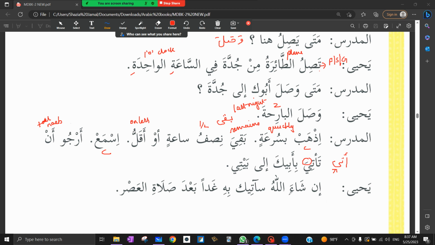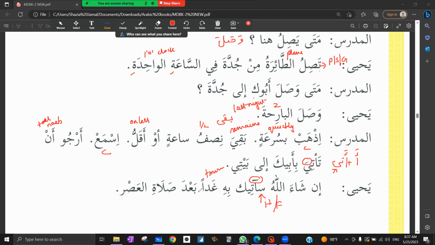Yahya says, Insha'Allah. Sa, this is a harf mustaqbal for the future. Harf for future. Sa'ati. Why is there a big mud here? Because of the hamza plus the hamza of anaitu. Both of them come together and become a big mud. Sa'atika bihi ghadan, tomorrow.